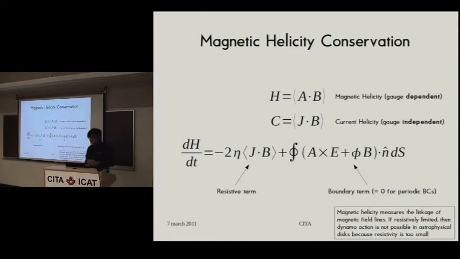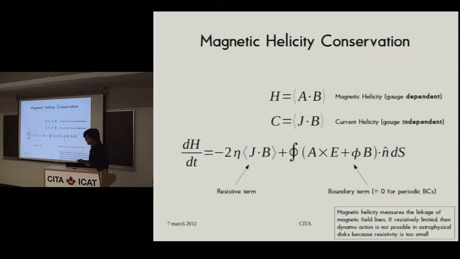You can think of this by analogy with the fluid helicity, where you have the dot product of the vorticity and the velocity to create fluid helicity. The magnetic helicity H is defined this way.